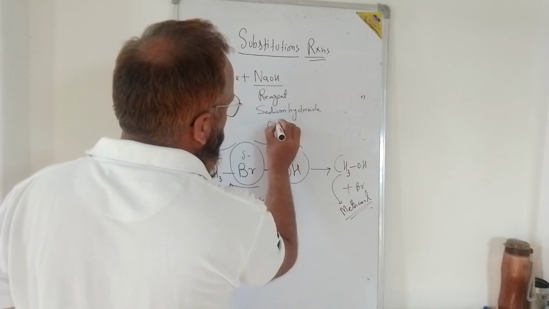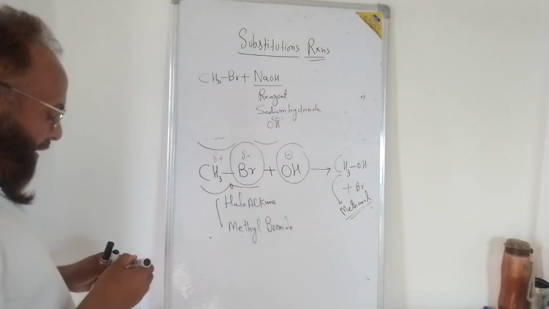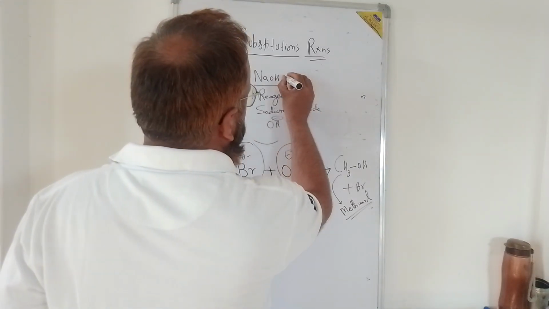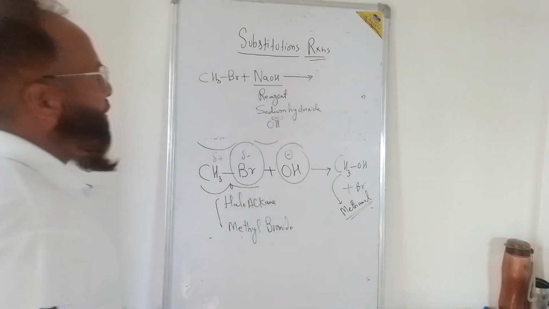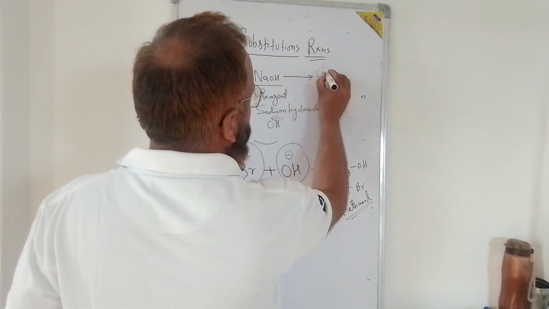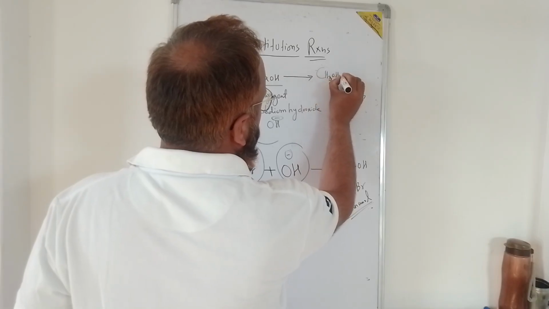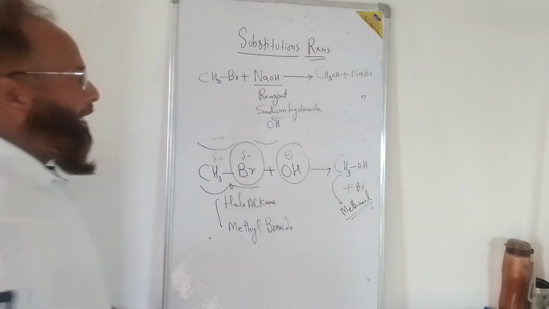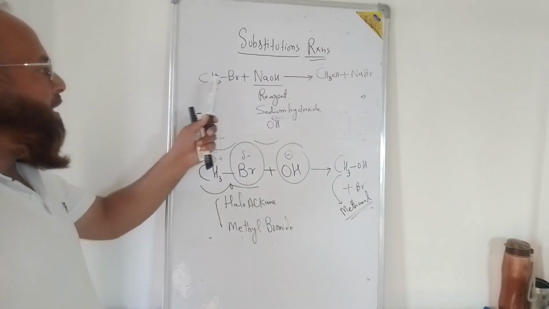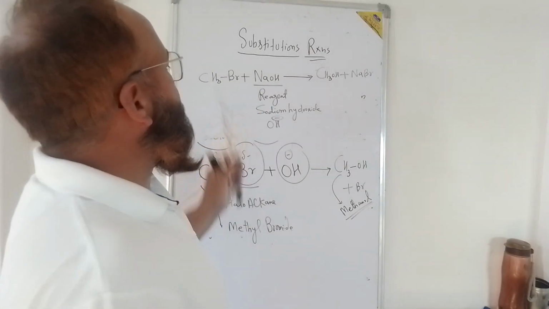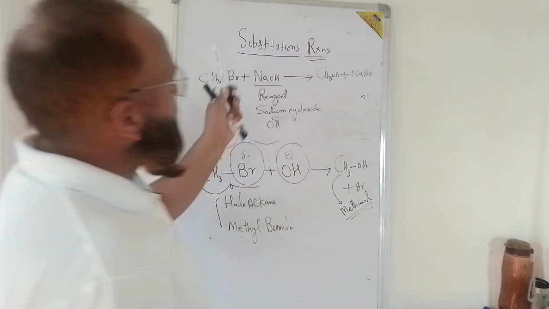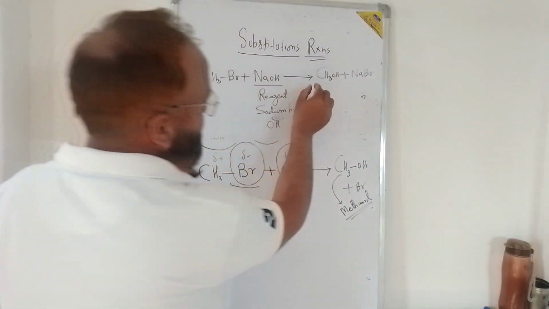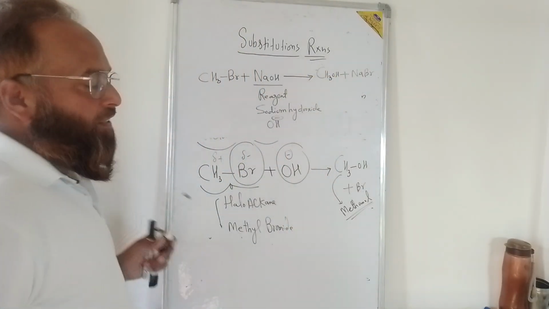So whenever the reaction takes place in this manner, after the arrow the product is CH3OH plus NaBr. So Br gets replaced by OH, but Br combines with Na, forms NaBr, and the product formed is CH3OH.